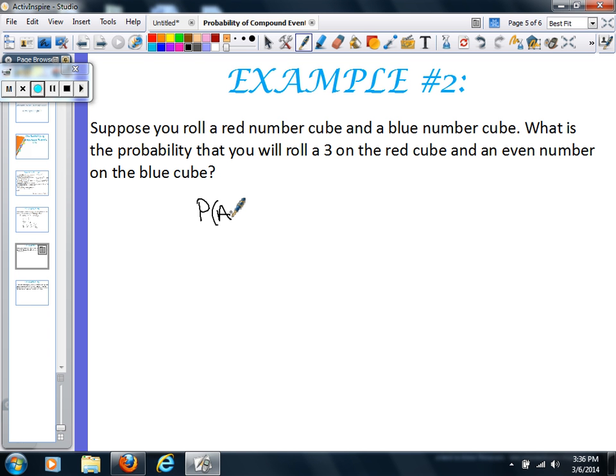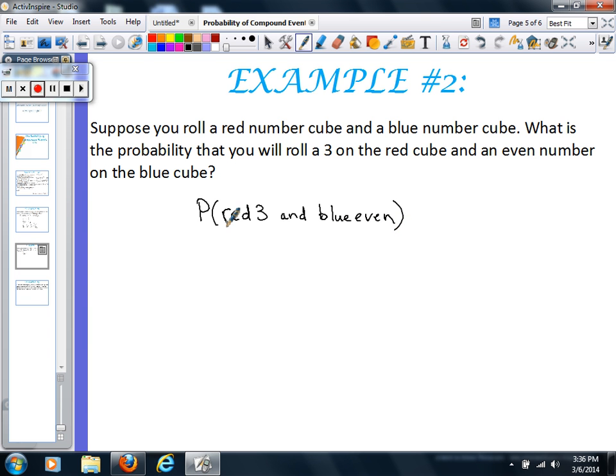the probability of, not even A here, we're looking for the probability of red 3, okay, and so I'm looking for a red 3 and blue even, okay?